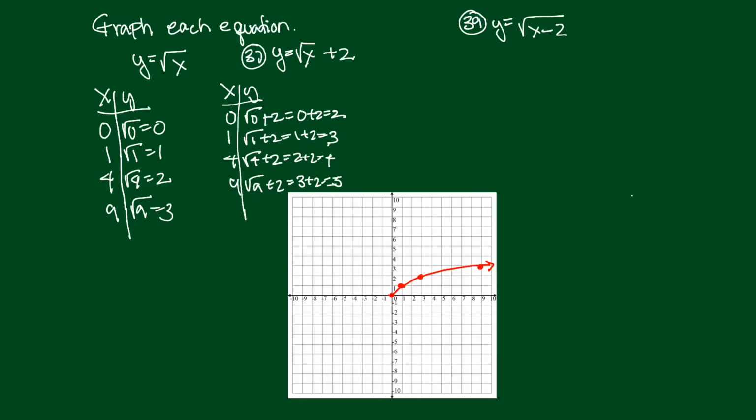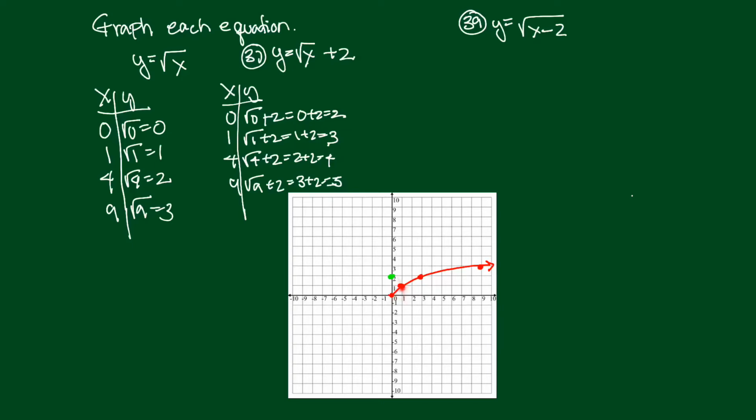Now, before we plot these points, just compare to what we had over here. With just the basic one, the output is the basic and 2 more. So these are verticals. So the vertical is 2 more than the old basic vertical. So look at here. The first vertical was 0, and now you're at up 2, right? So we're at 0, up 2. I'll plot that point right there. And then what's the next one? Well, on the basic, it was over 1, up 1, but now instead of just the 1, you're up at 3, right? So we added 2 more.